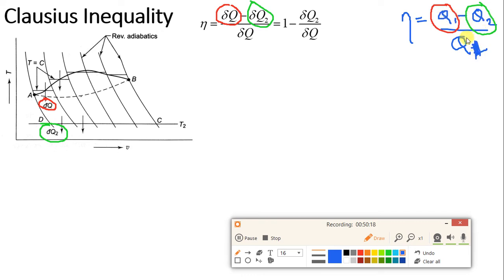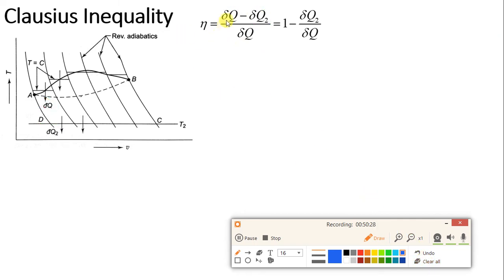So Q1 minus Q2 upon Q1 will become delta Q minus delta Q2 upon delta Q, which gives 1 minus delta Q2 by delta Q.